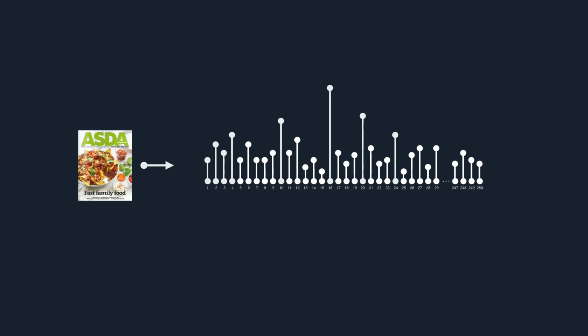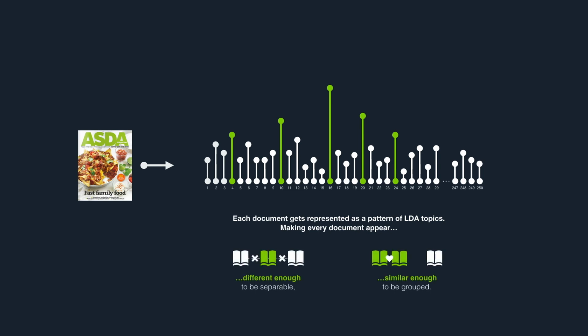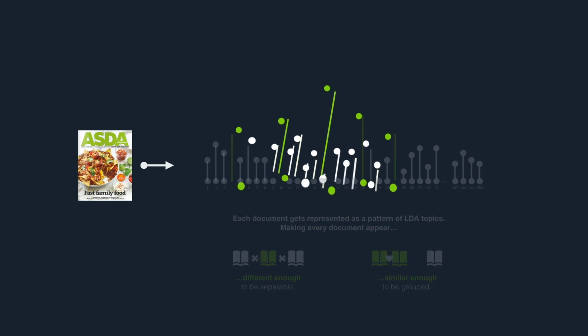It's a probability distribution, so all values sum up to 1. Now, instead of focusing on what the most dominant topics are, we can take this thing as a whole, a unique pattern, which makes each magazine appear different enough to be separable, yet similar enough to be grouped. We could even say that a magazine, just like us, has a DNA.